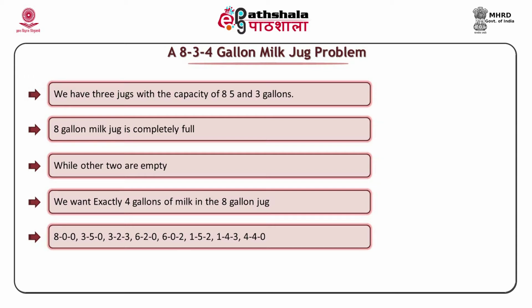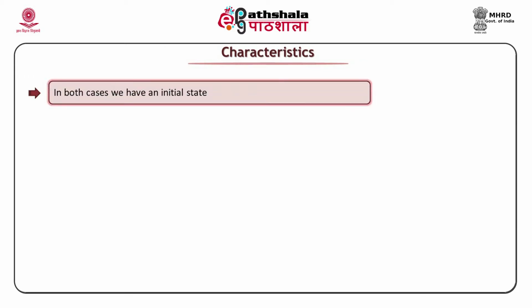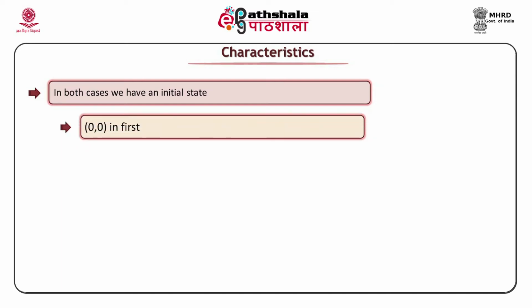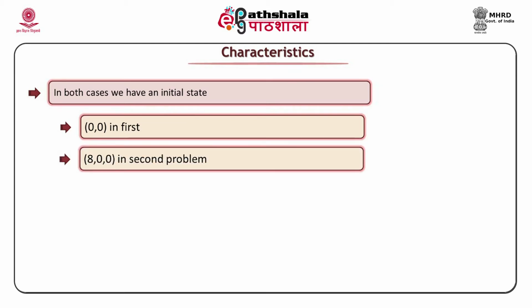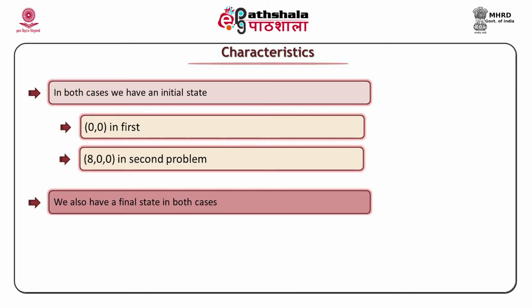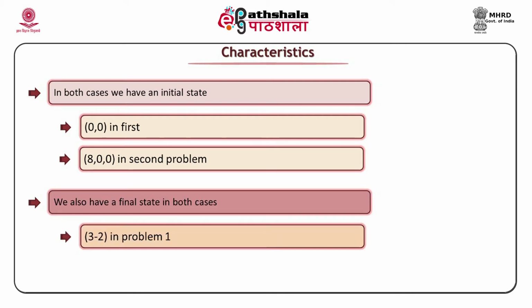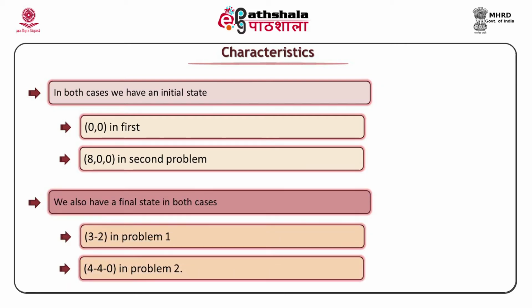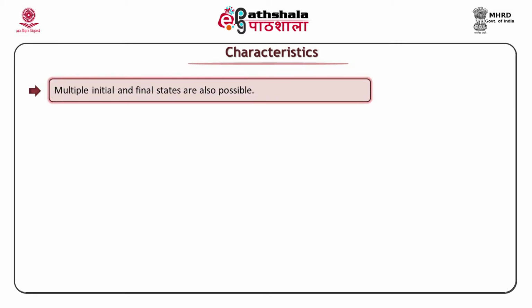In both cases, the 3-4 gallon water jug and the 8-5-3 milk jug problem, we have something called an initial state. In case number 1, we have 0, 0, both jugs are empty. In case number 2, 8, 0, 0, the first milk jug is completely full. We also have a final state. For example, in case number 1, we have 3, 2, and in case number 2, 4, 4, 0 is a final state. So, it is possible to have multiple initial and final states.